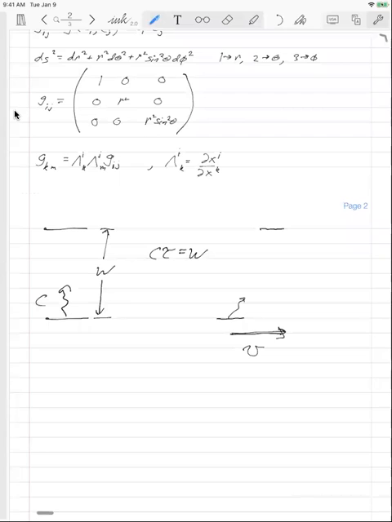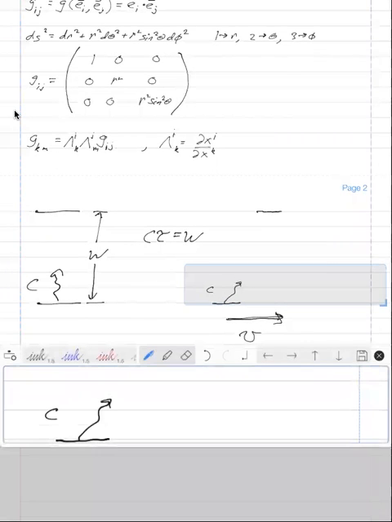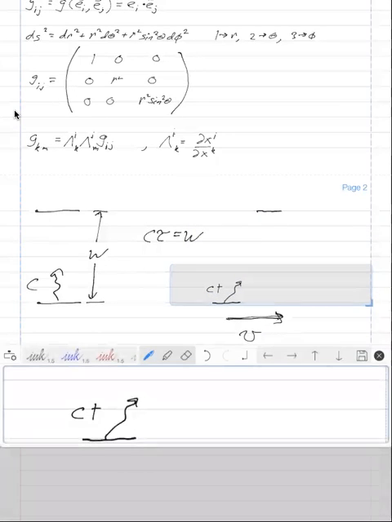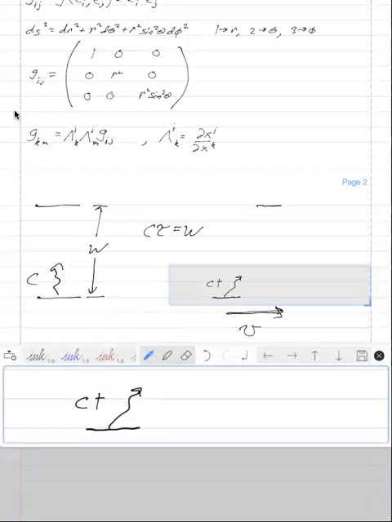And this observer is seeing the photon travel at speed c. And it will take a time t to reach the top. So c times t is the distance from the bottom of the mirror to the top of the mirror as seen by this observer as the photon travels.